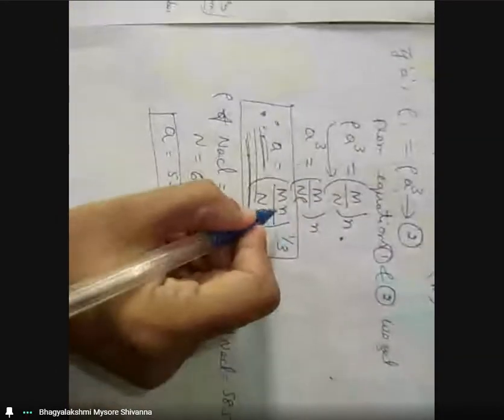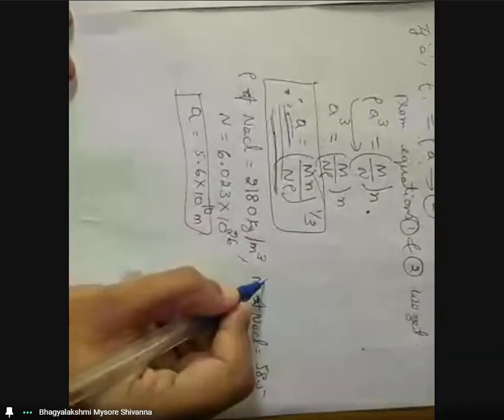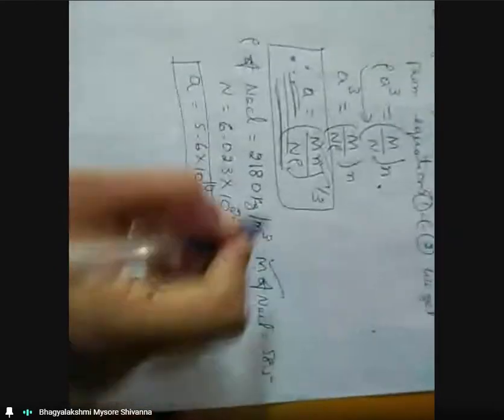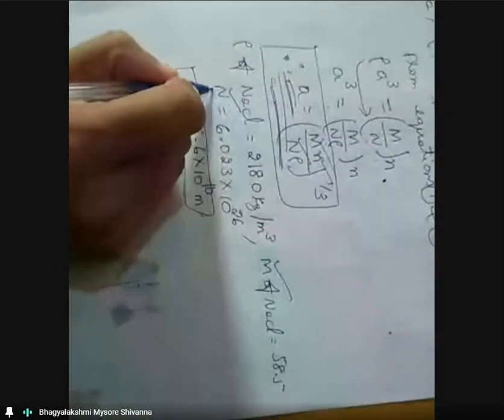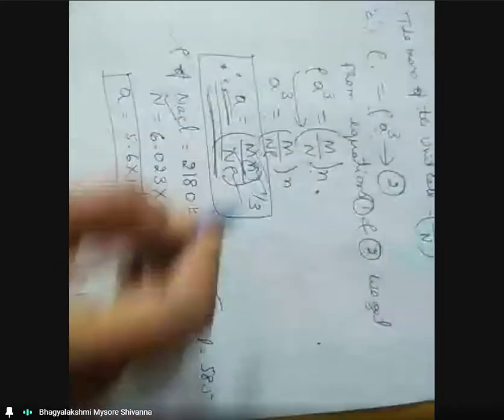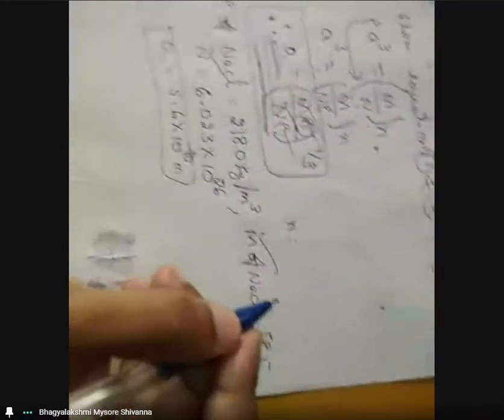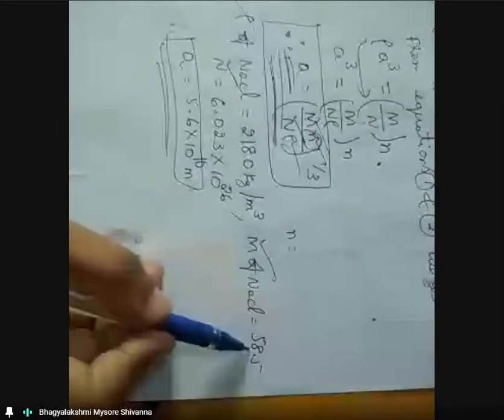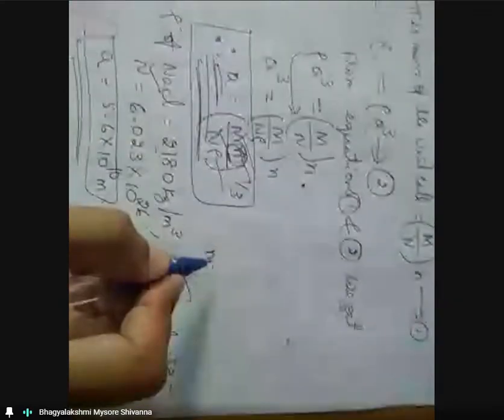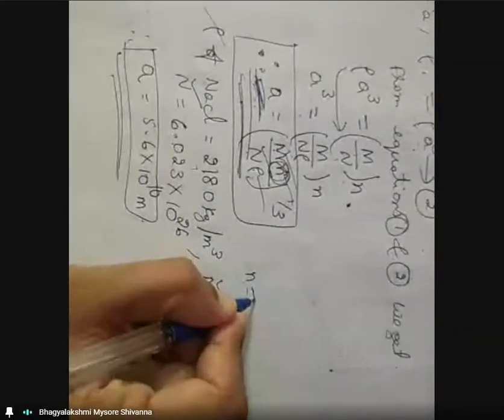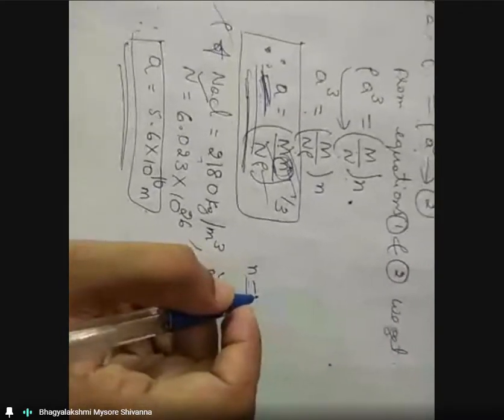So we know M, capital N the Avogadro number, and the density. What is the value of small letter n? To find this cell constant a, we have to substitute n.